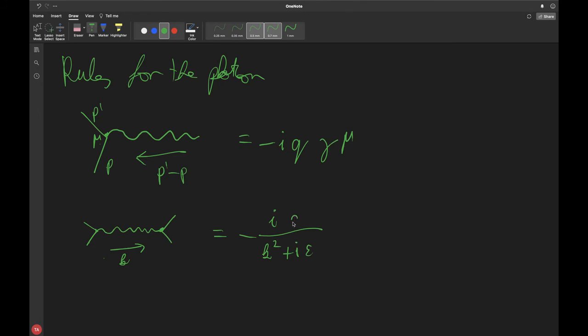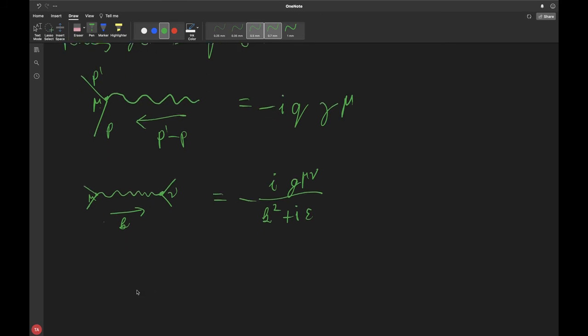What's really new is that this photon connects the mu vertex with the nu vertex, so there is a g mu nu indexing here.